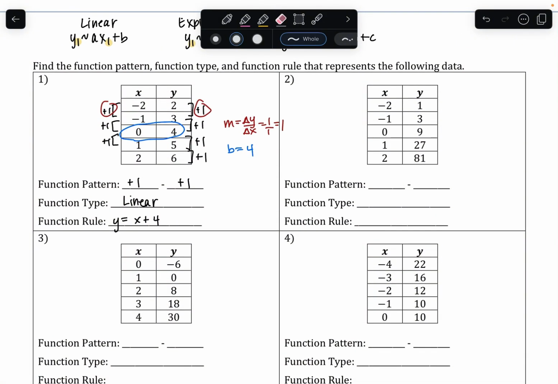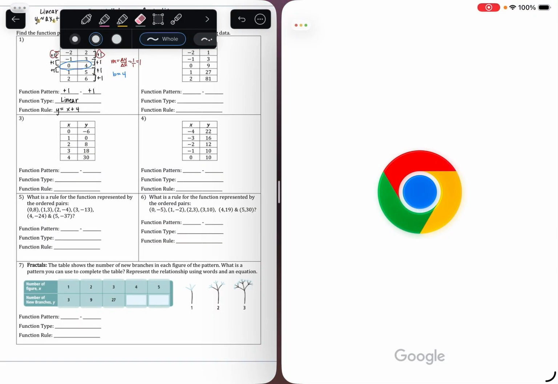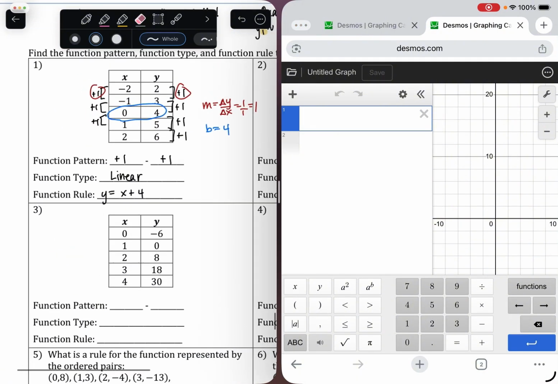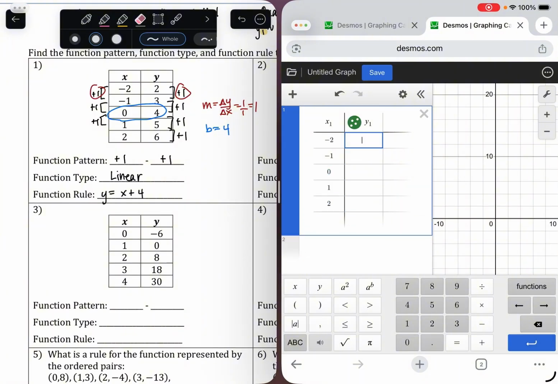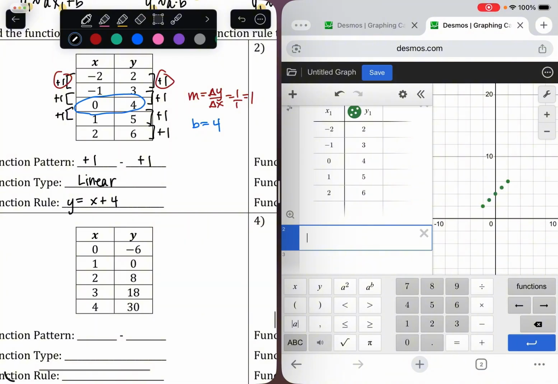If you were using Desmos, you are clicking the plus sign and choosing table, and then you are going to type your x's in the x column, and then you're going to type your y's in the y column. Okay, and so to get our equation, y1 tilde, and if you want to use a, you can.